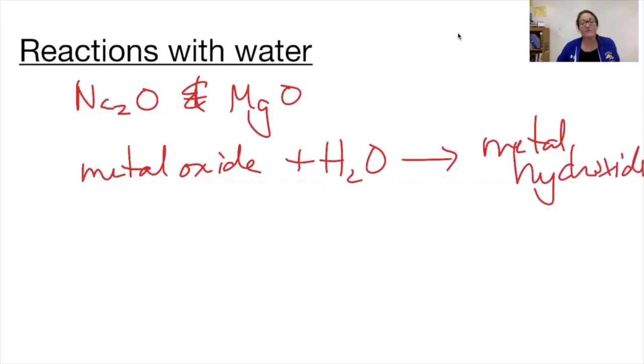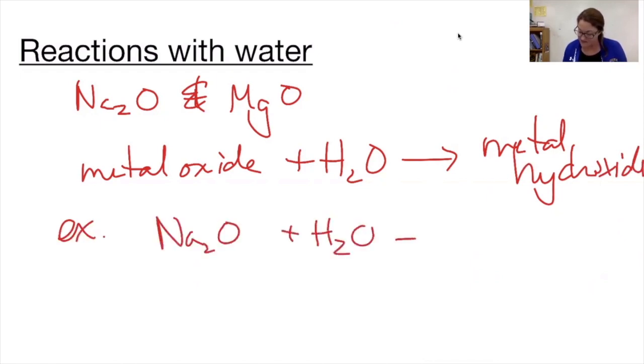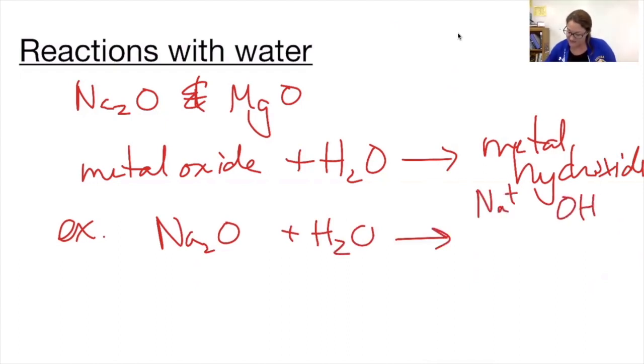This is a new type of reaction that you're learning. So for example, sodium oxide plus water is going to form sodium hydroxide. Sodium is a +1, hydroxide is a -1, they form NaOH. To balance this reaction, we need a 2.